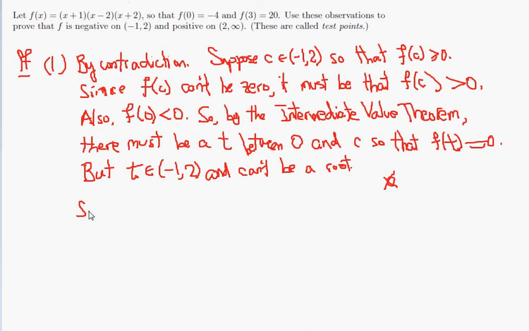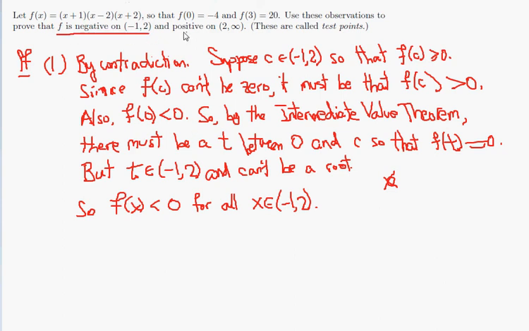So that implies that f of x is negative for all x between negative 1 and 2. So that is the first part to prove that f is negative between negative 1 and 2.